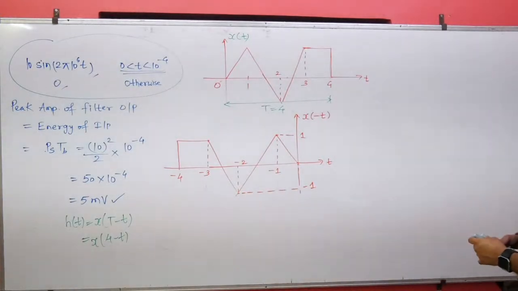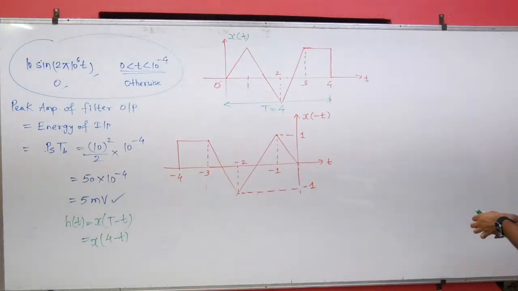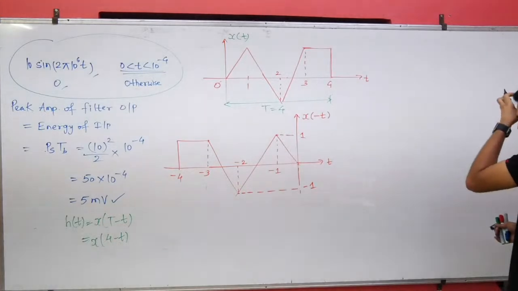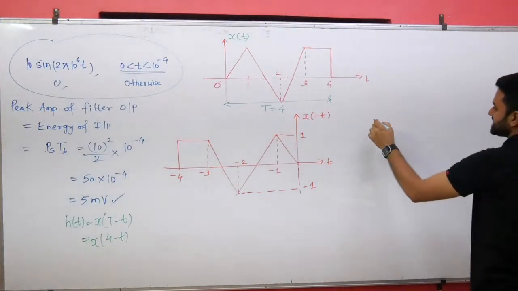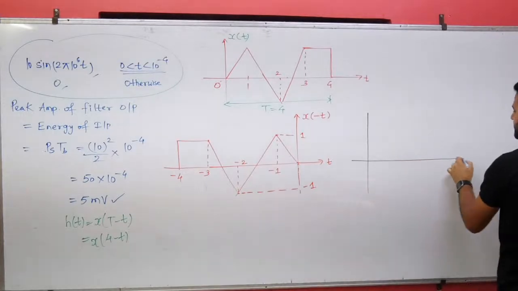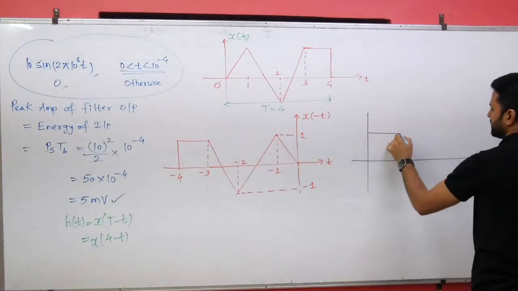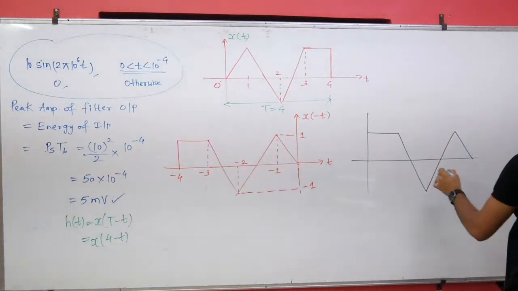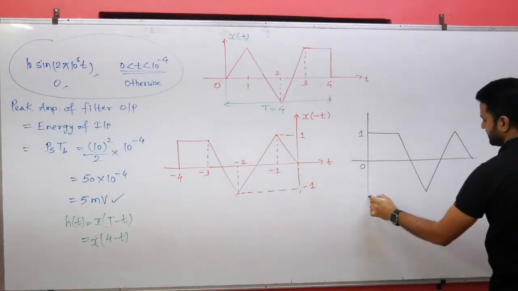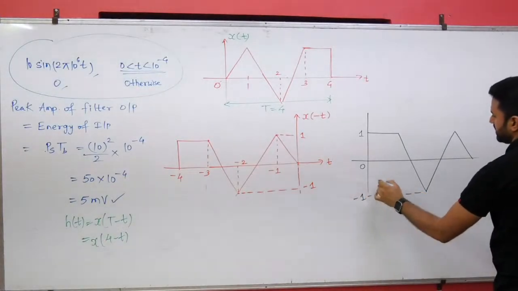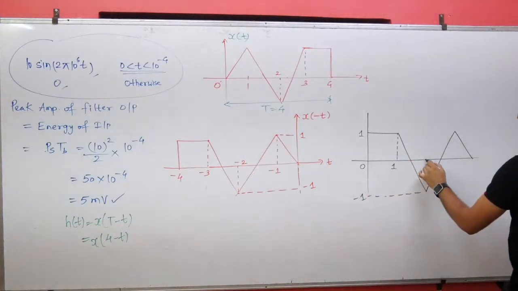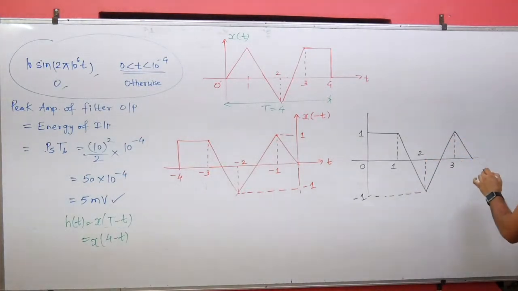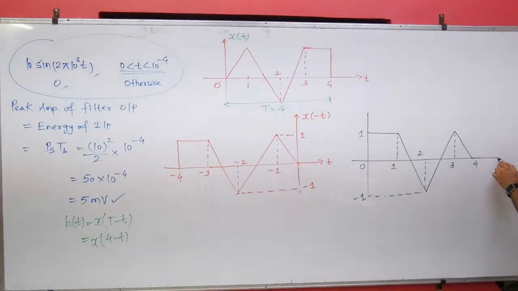Now we have to shift it by t is equal to 4. Actually it is an advance operation, but since we have folded it, it gets delayed. When you delay it, you get a signal like this: 1 and -1, at 0, 1, 2, 3, and this will become 4.